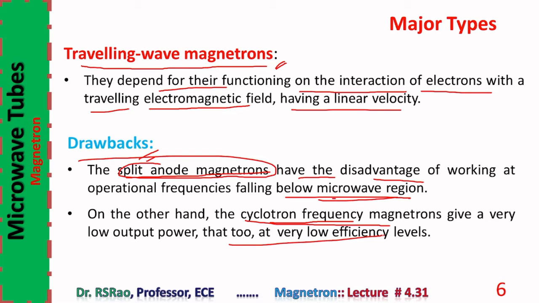Please note, magnetrons in most applications remain always on. It is not like on for some time of the day and off in the remaining period. As they are always on, efficiency is an important aspect. When they are on, they are consuming power, taking power from the source. Out of this power, low efficiency means most of it is going to waste.